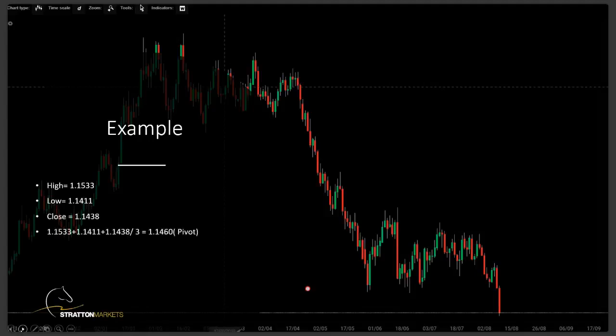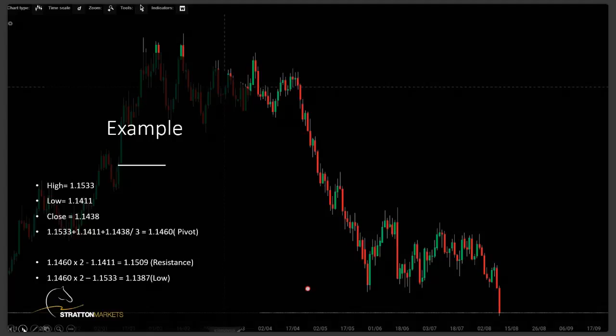I added those 3 numbers together, divided by 3, and it gave me the pivot point of 1.1460. To calculate the resistance, I then had the pivot point, I times it by 2, and I minused the low, which is 1.1411, and it gave me a number of 1.1509, and that was the resistance.